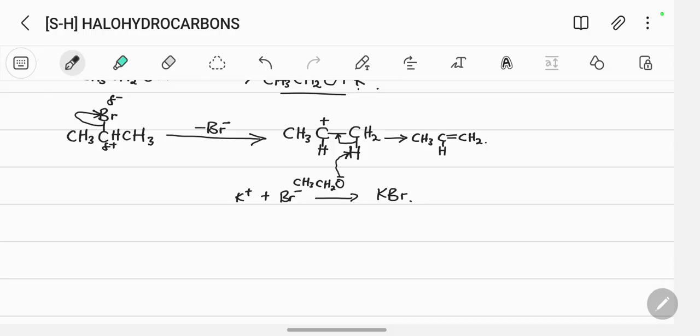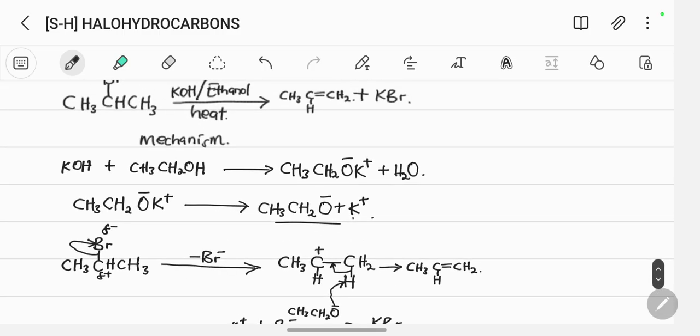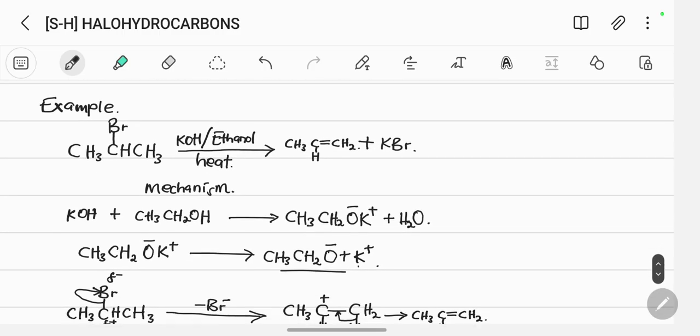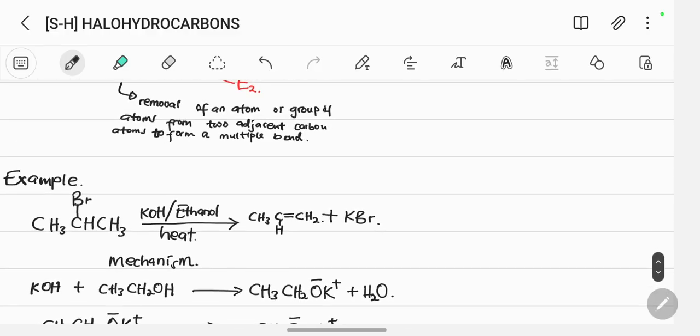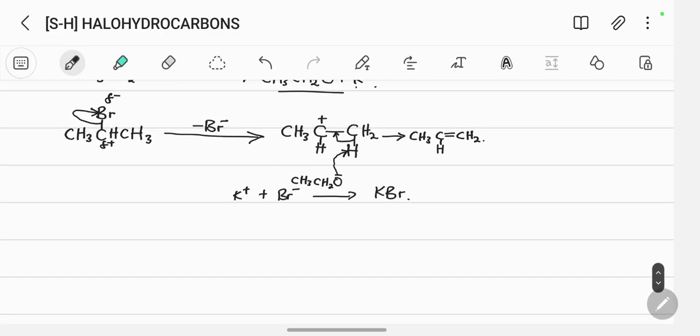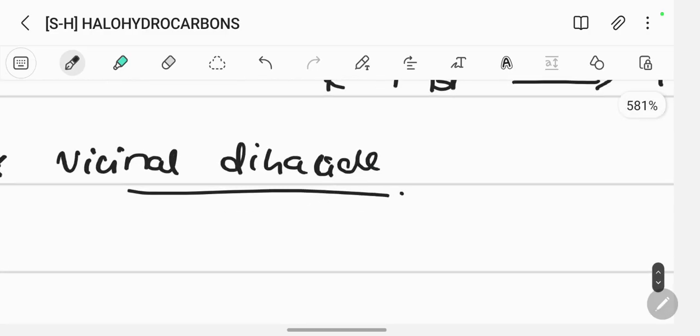So we move on to another reaction. We've seen elimination reaction in formation of an alkene. Then I want a vicinal dihalide to also contribute something to our knowledge.